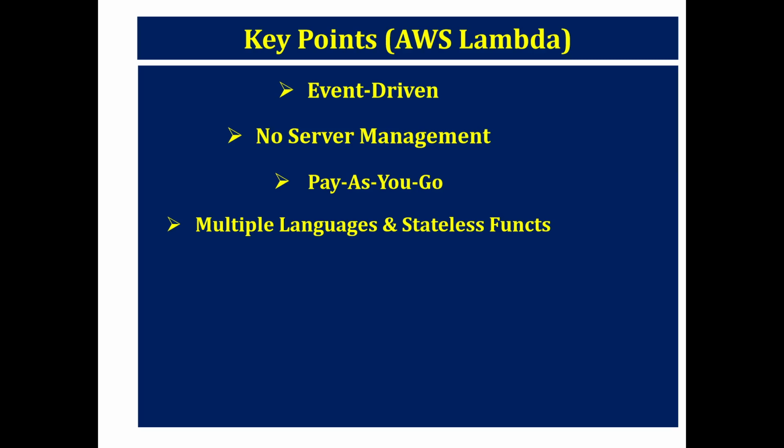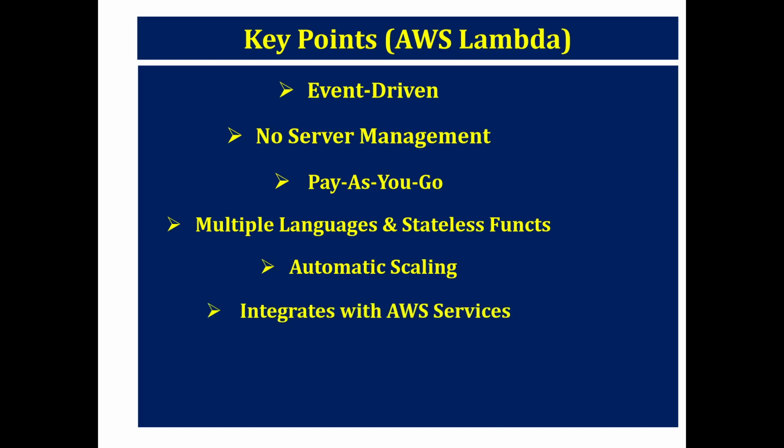Next, it provides automatic scaling: Lambda scales automatically from zero to thousands of executions depending on the demand. It can integrate seamlessly with AWS services like API Gateway, S3, DynamoDB, SNS, and SQS.